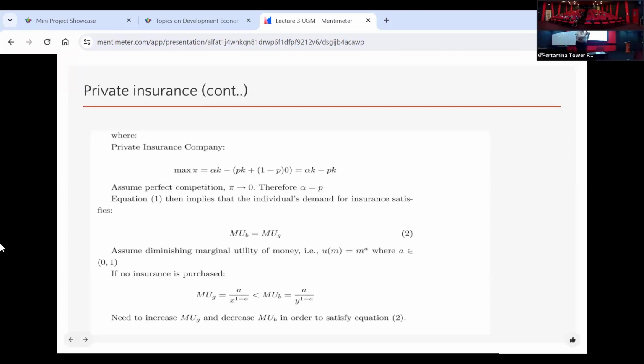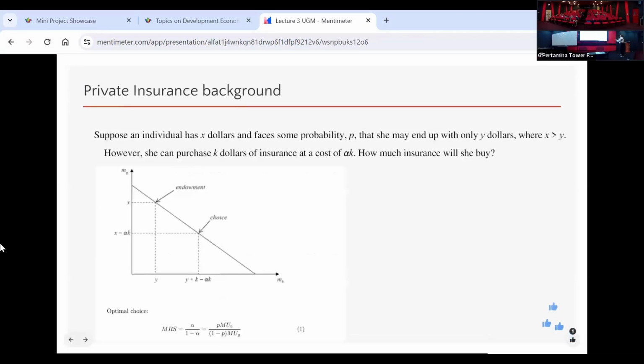However, remember that in my previous slide, this here is like my budget line, and here I should have some indifference curves. These indifference curves touch here, when the marginal utility of good or bad satisfies this equation.